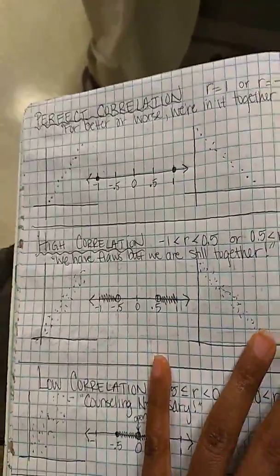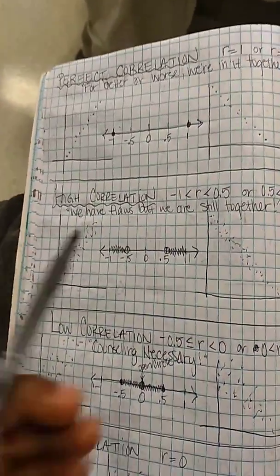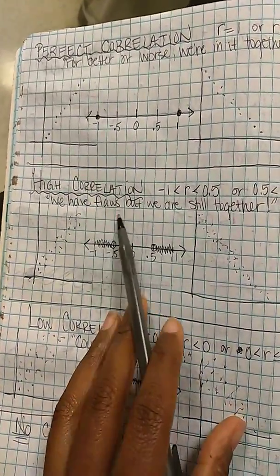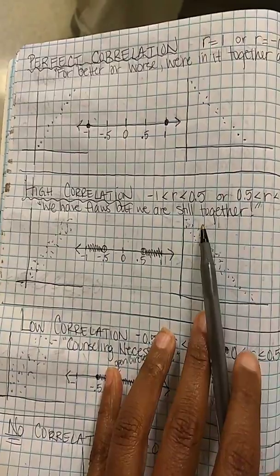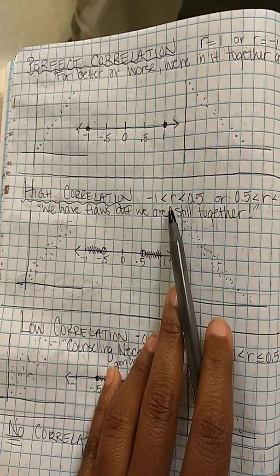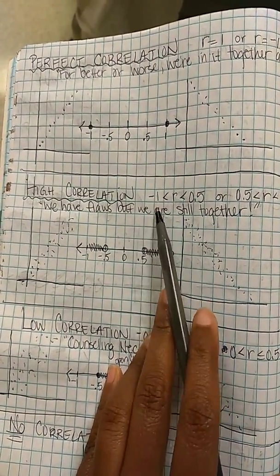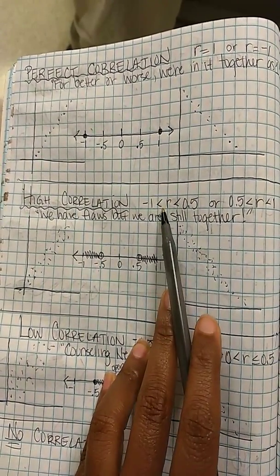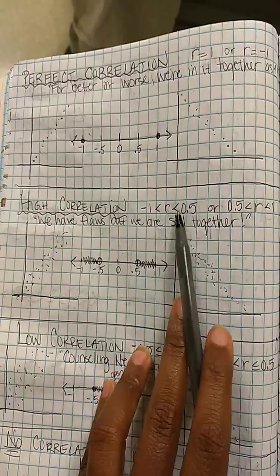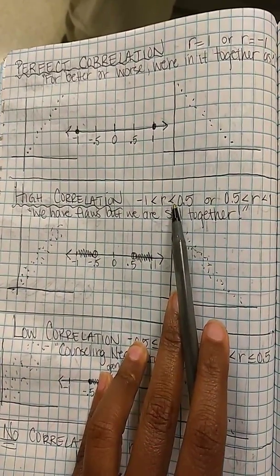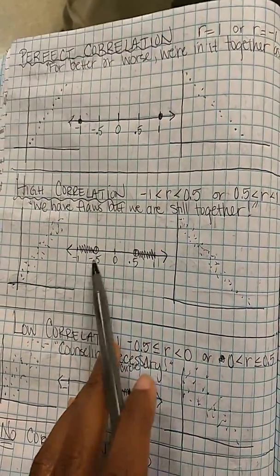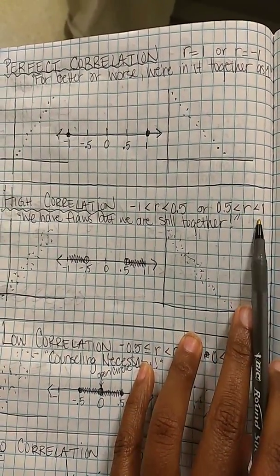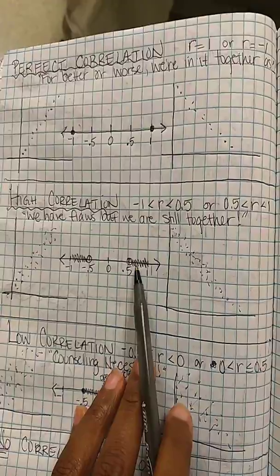I mean, it's close. Then we have high correlation, but not perfect correlation. All right, so we have our flaws, but we're still in this together. And so my variable R is greater than -1, but it's also less than... it's greater than 5/10 but less than 1, i.e. it's in between these numbers.